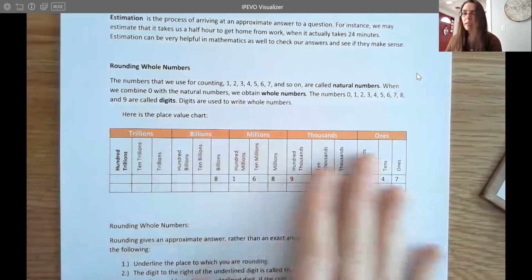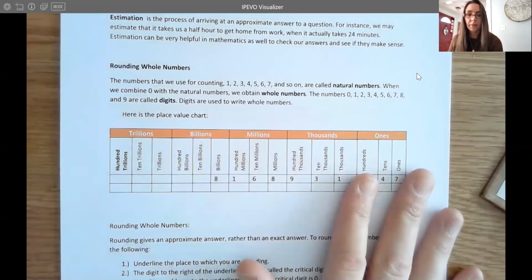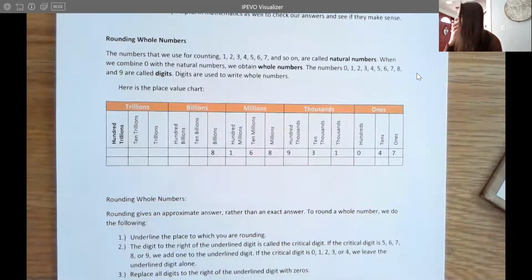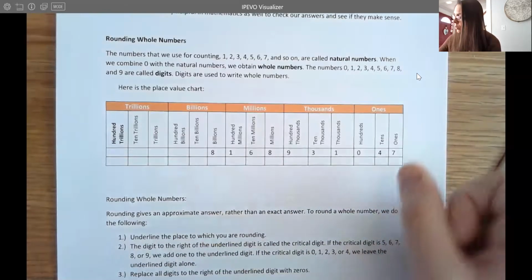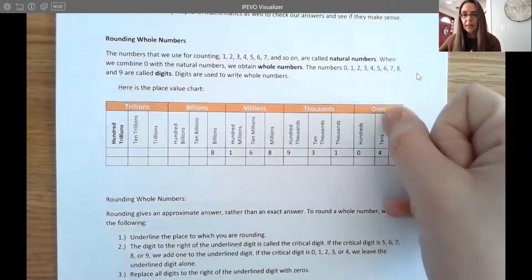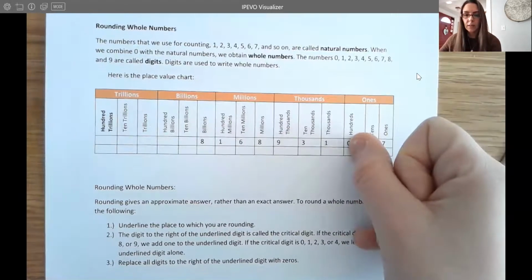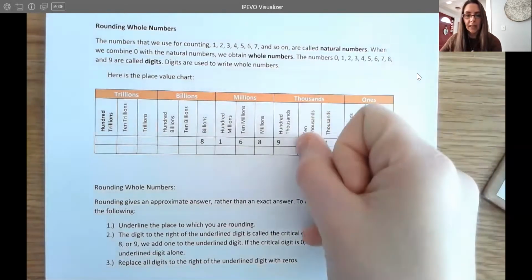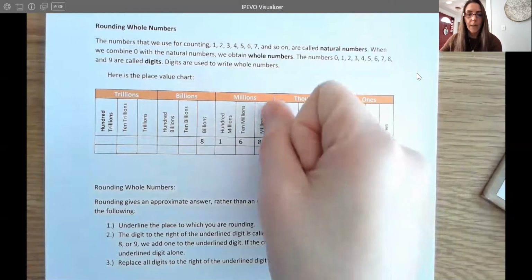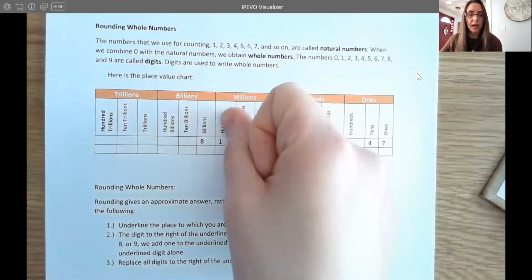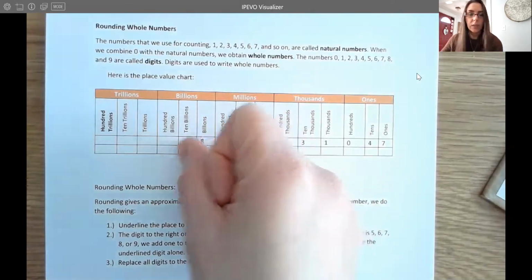And here is a place value chart. The one in your book looks a little bit different, but it's the same idea. These are just the whole numbers, so we're not looking at decimals just yet. You start with the ones place, then the tens, the hundreds, the thousands, ten thousands, hundred thousands, millions, ten millions, hundred millions, billions, and so on.